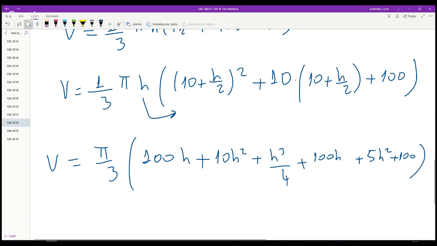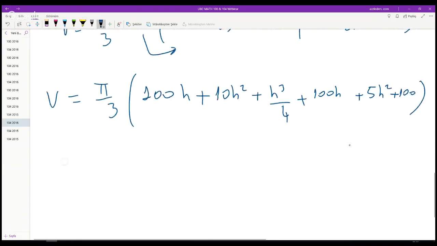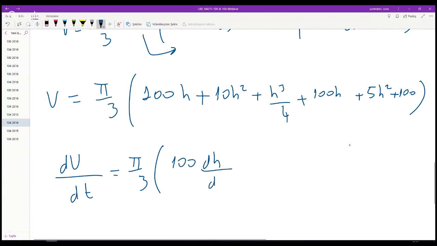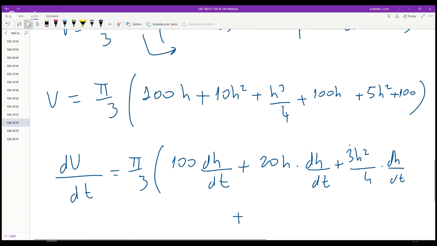Okay? So, therefore, let's derive. dV over dt equals pi over 3 times 100 dh over dt, plus 20h times dh over dt, I take the derivative, plus 3h squared over 4 times dh over dt, plus 100 dh over dt.